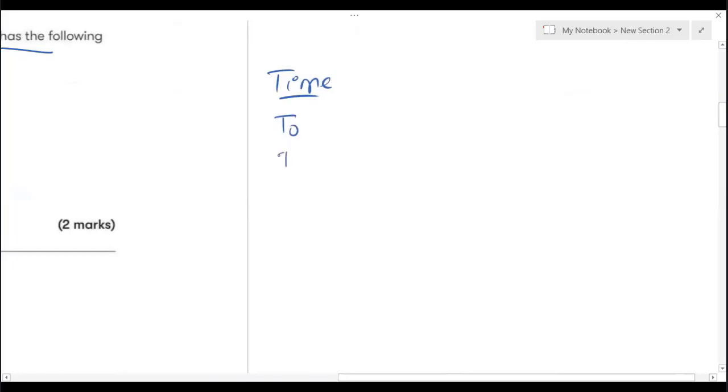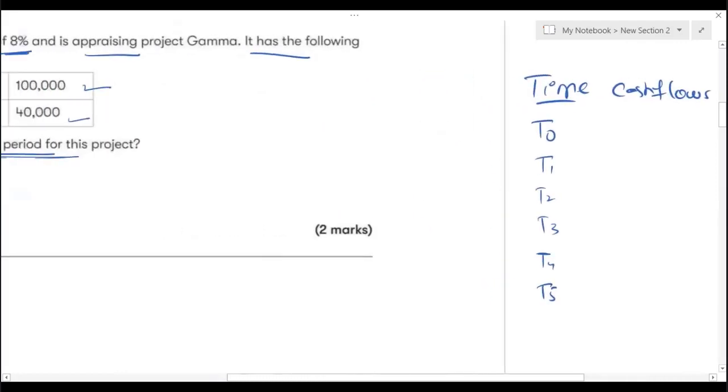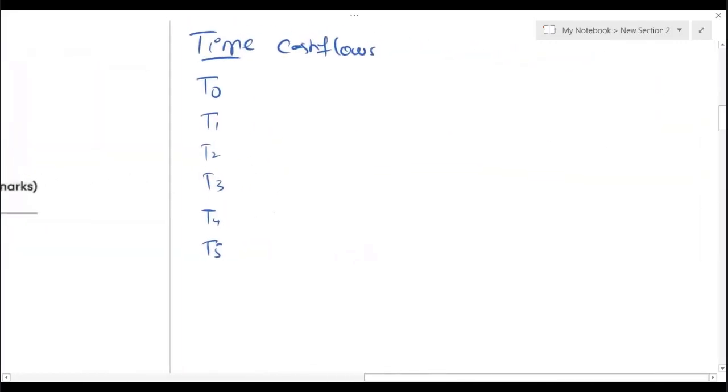Time T0, T1, T2, T3, T4 and T5. Cash flows: at T0, we have 1 lakh, then 40,000, 40,000, 40, 40 and 40.